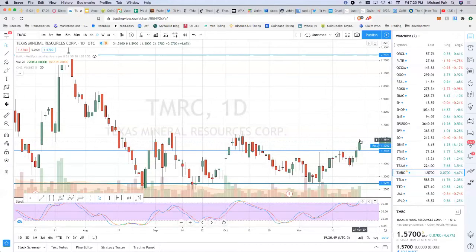Say today, what's the high for the day? 159. So my trailing stop probably is at 154. If it goes down to 154, then that'll trigger. But the point, in terms of the scale, is that I'm going to scale out of this other half with a 5 cent trailing stop.